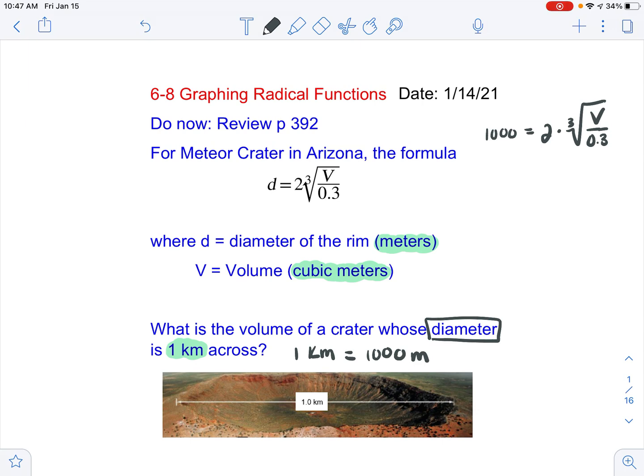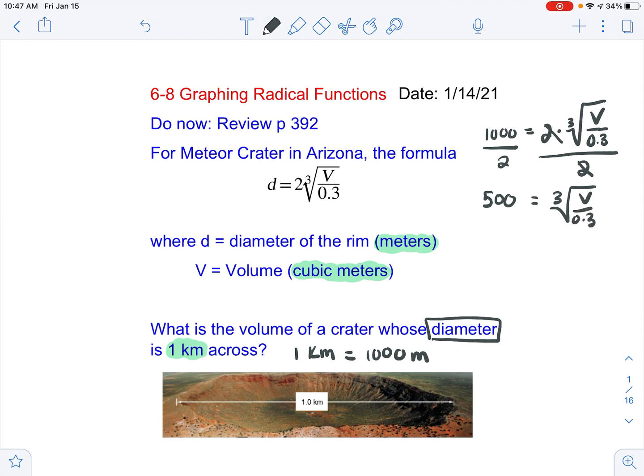So just like we did yesterday with square root equations, anytime we have a radical of any type, we need to isolate that first. So first I'm going to divide by 2 on both sides because that's not part of the radical, leaving me with 500 is equal to the cube root of V over 0.3.